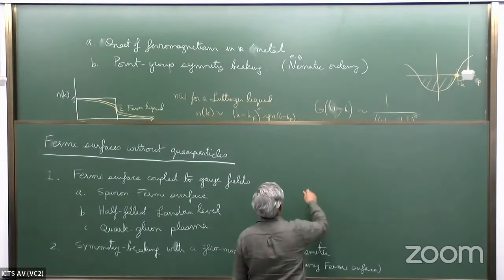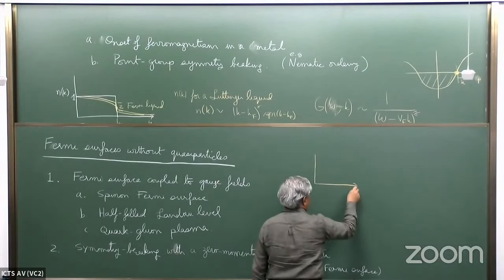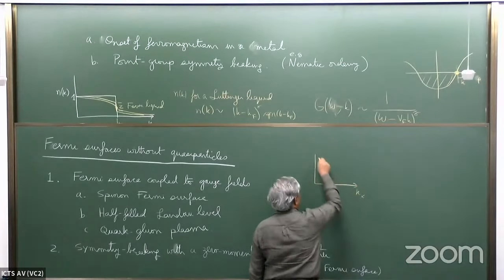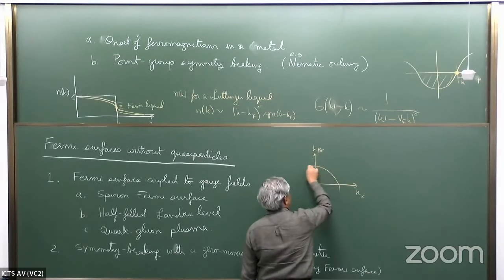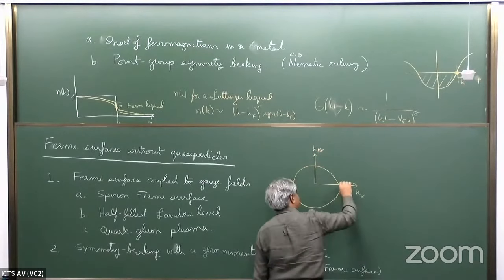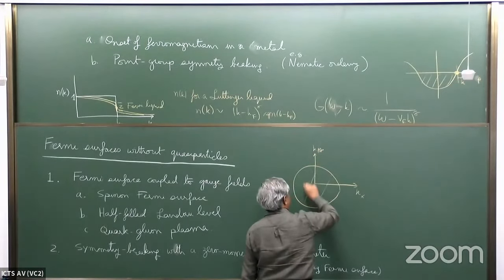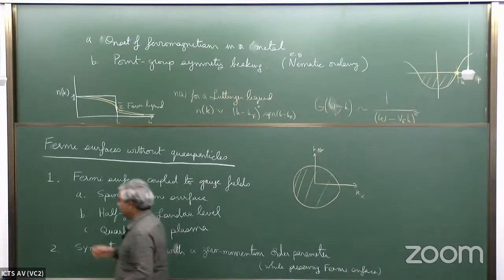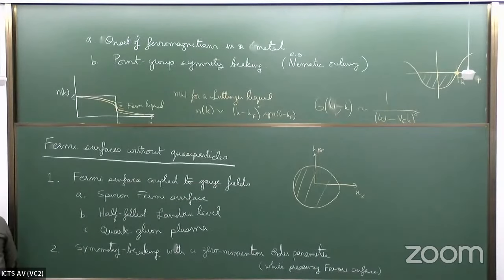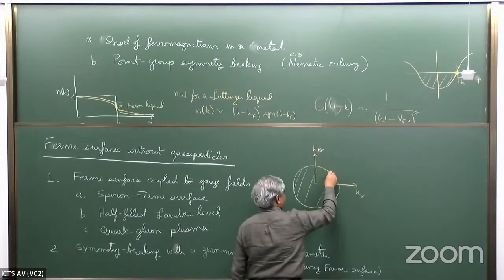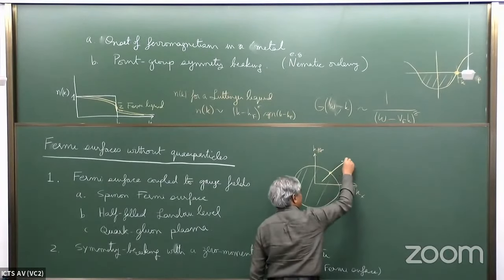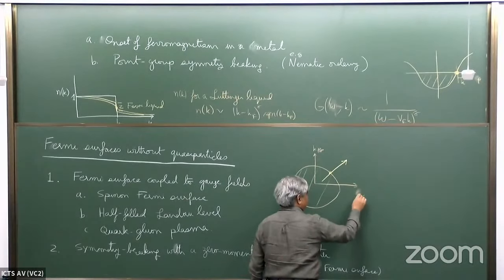so in 2 dimensions, you have a kx and ky, with some Fermi surface of some strange shape. These are the occupied states. And then you pick a point on this Fermi surface, say this point over here, and you call this direction, let me again call it to be consistent, px and py.